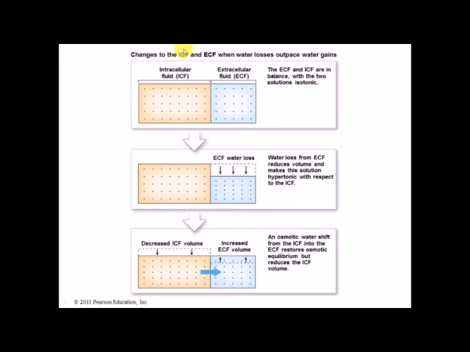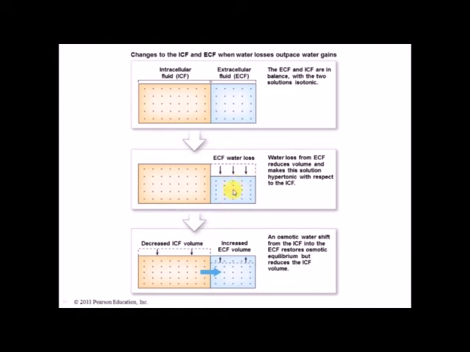If we look at the changes in the intracellular fluid and the extracellular fluid when water losses outpace water gains, this is your intracellular fluid, this is your extracellular fluid, and these two are in balance. So the two solutions are isotonic, they have the same tonicity. Then if we have extracellular water loss, it's going to reduce the volume of that extracellular fluid, so it's going to make this fluid hypertonic.